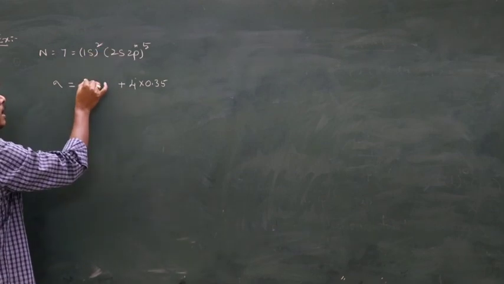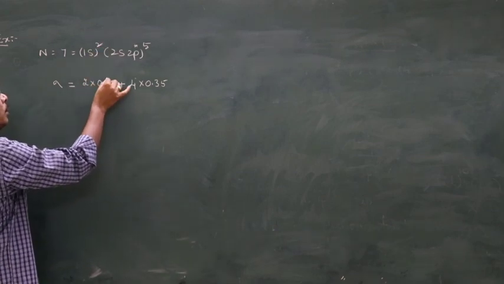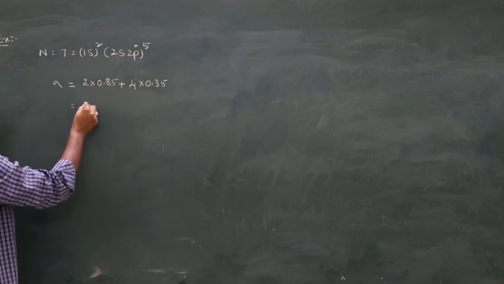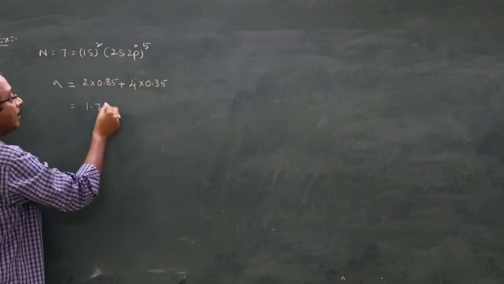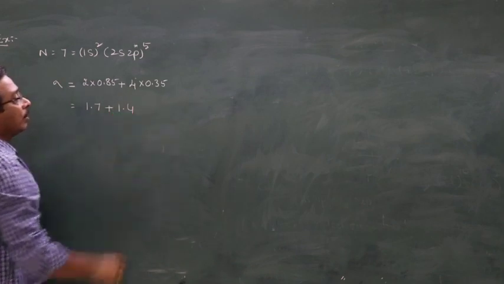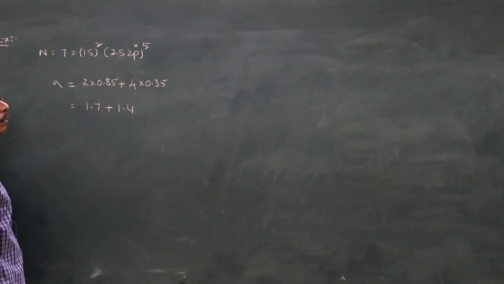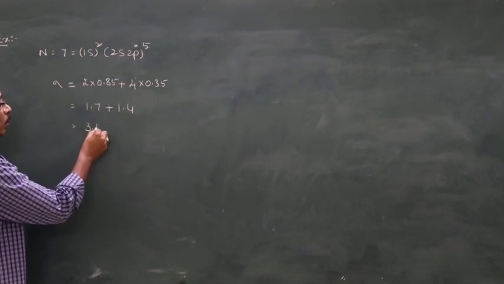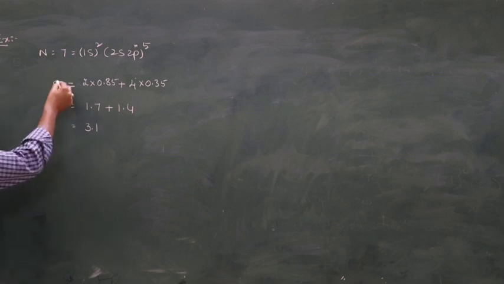How many electrons are there? 2. 2 into 0.85, that is equal to 1.7, plus 1.4, that is equal to 3.1, that is the Slater constant.